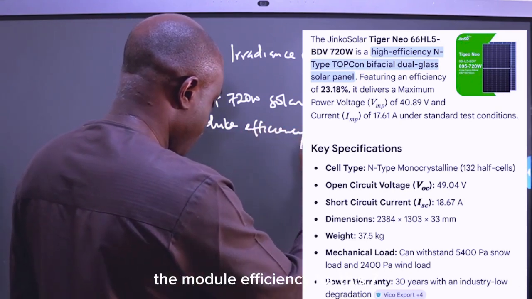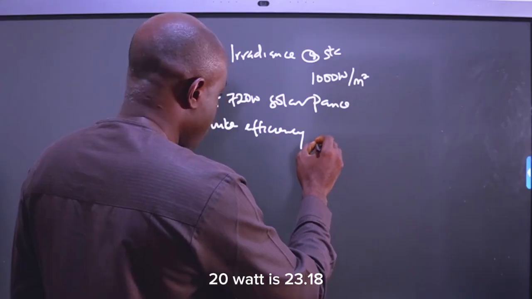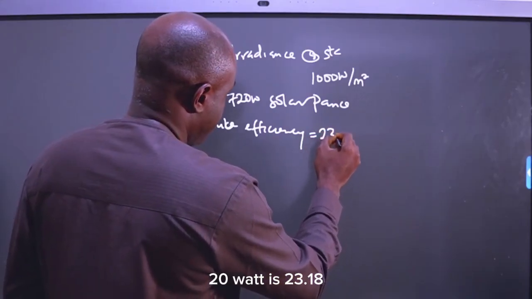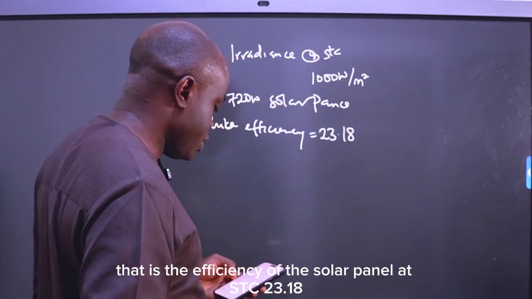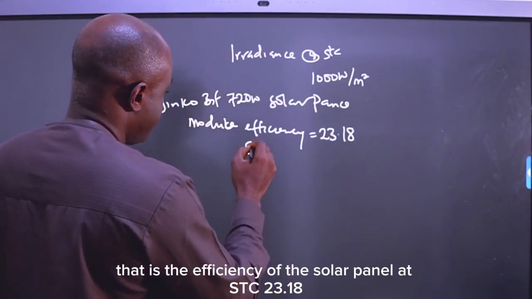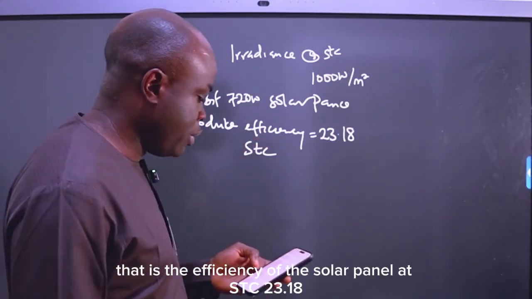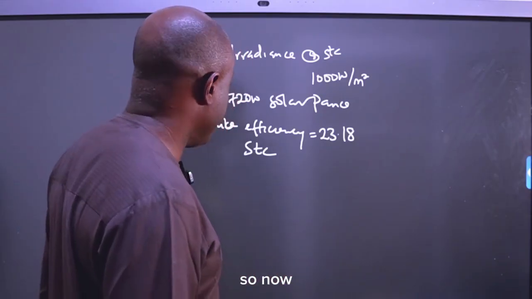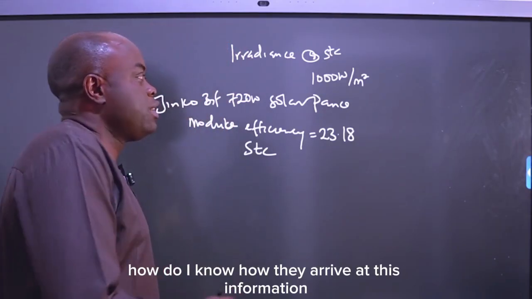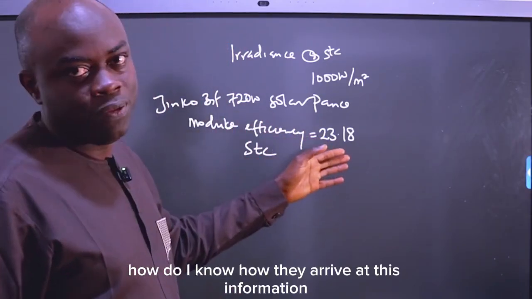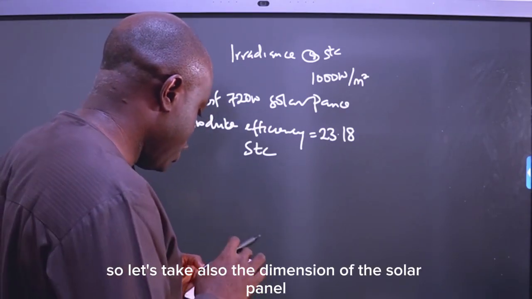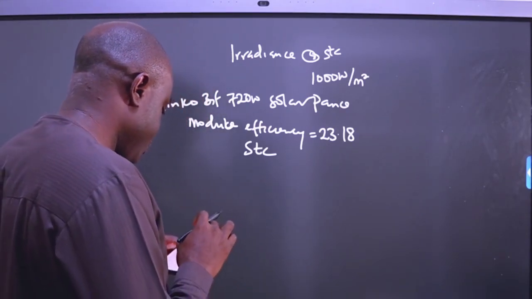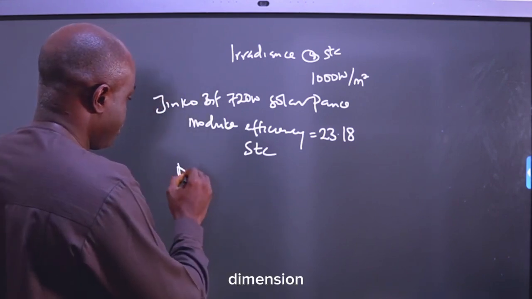The module efficiency for this 720 watts is 23.18%. That is the efficiency of the solar panel at STC. So now, how do I know how they arrive at this information and if it's correct? Let's also take the dimension of the solar panel.